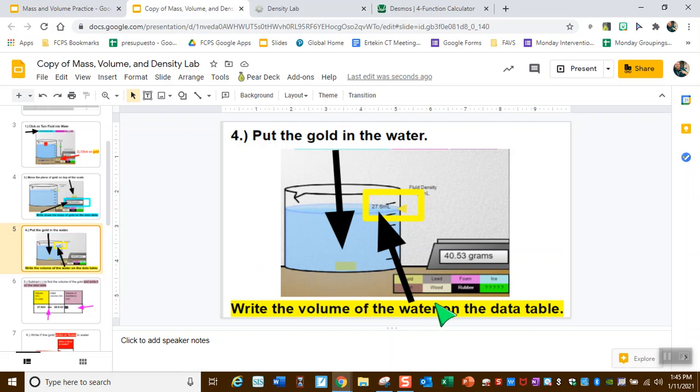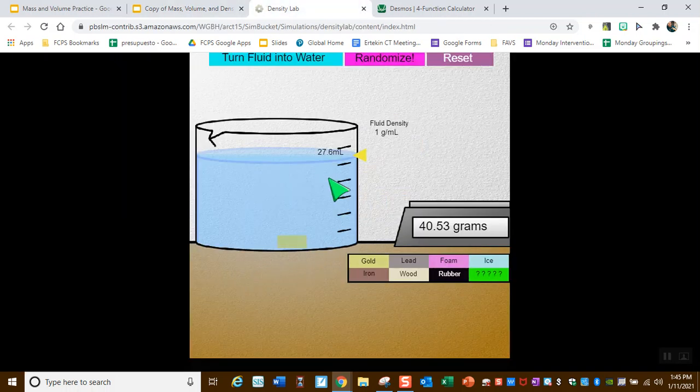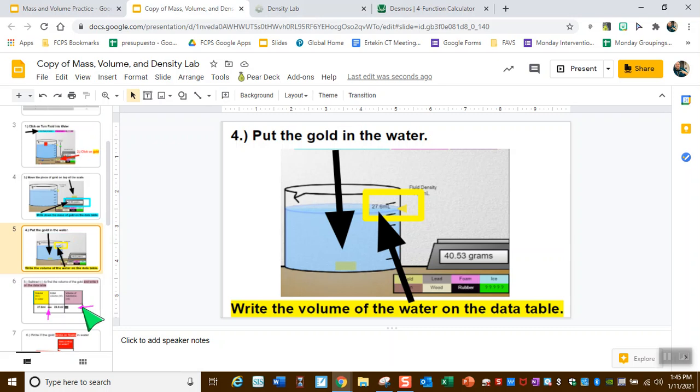Write the volume of the water on the data table. You are going to write this in the yellow column. So over here, it tells you the new volume. The new volume is 27.6 milliliters. Okay?